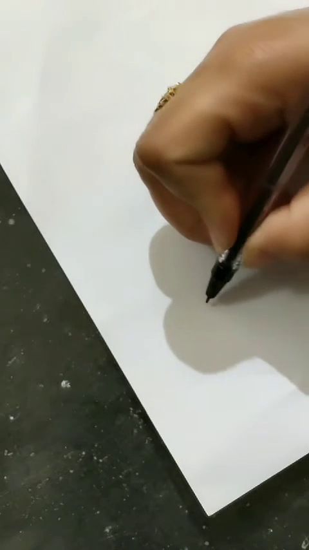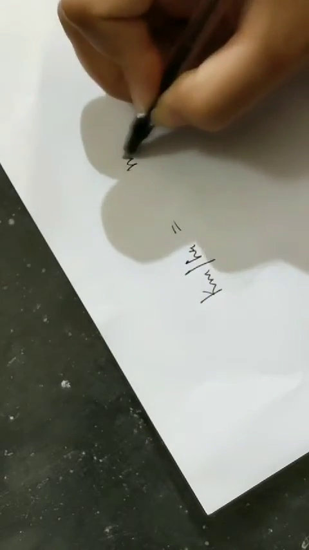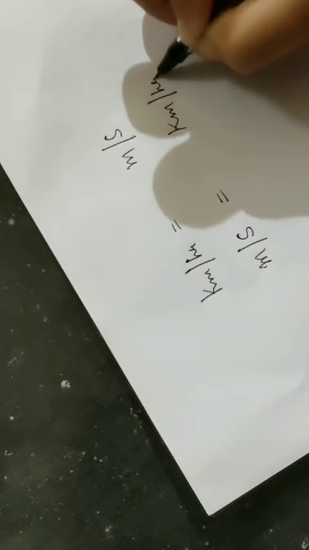To make your calculations easier, I will give you one trick. For solving questions related to motion, one thing which you will see in almost every question is to convert units. In some questions, you might have to convert kilometer per hour into meter per second, and in some questions you have to convert meter per second into kilometer per hour.